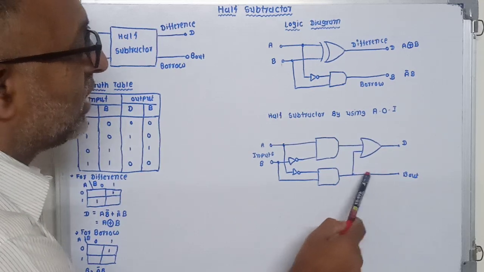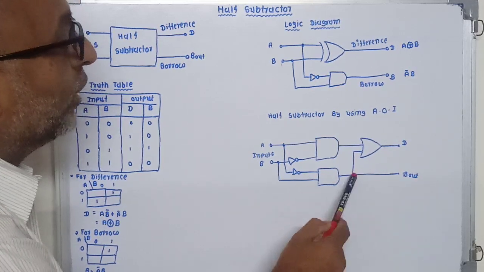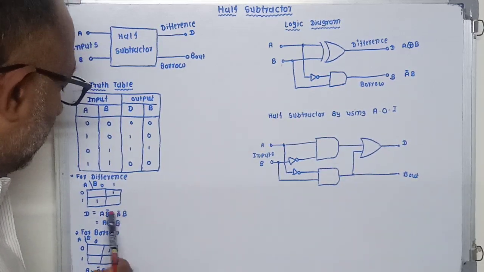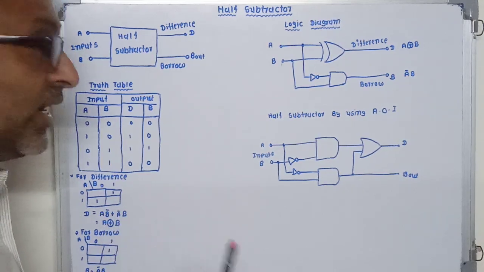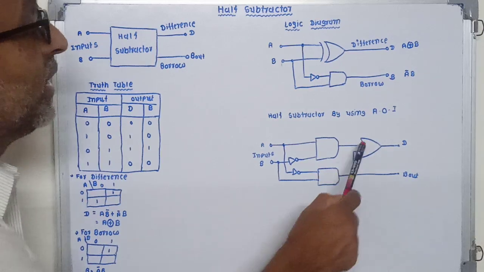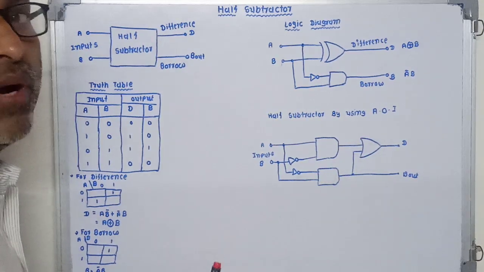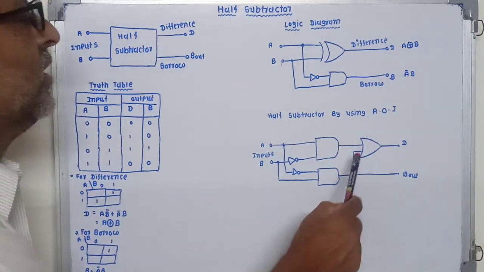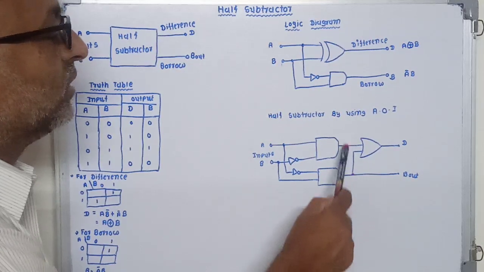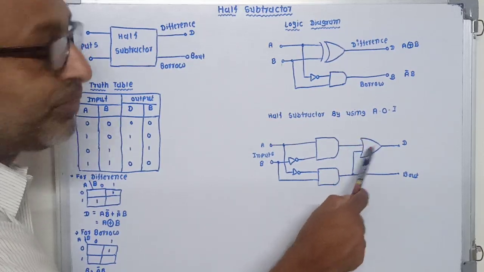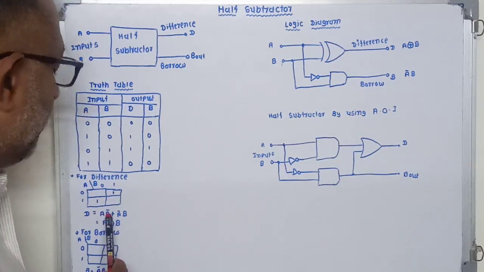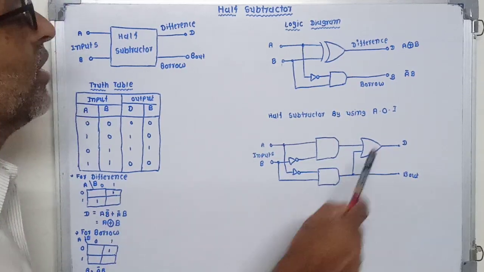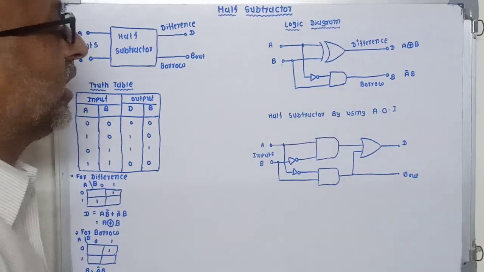So the output of this AND gate is A bar into B. Now we are getting A into B bar as well as A bar into B, and now we add them to each other. That's why I am taking one OR gate, which provides the summation operation, and the outputs of both AND gates are given to the OR gate, which provides the output A into B bar plus A bar into B. It is nothing but the difference of the half subtractor circuit.